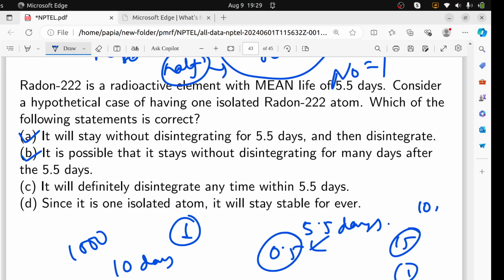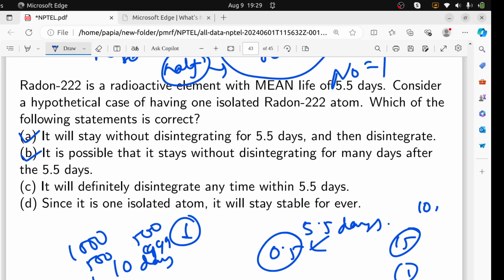That is the most probable thing. But it can also be possible that only one decays within 10 days and the rest of the 999 particles decay after 10 days. But it will not be the case that none of the 1000 particles is going to decay.